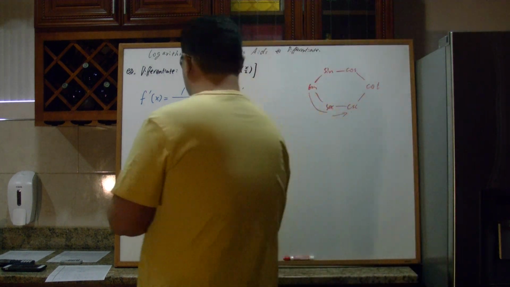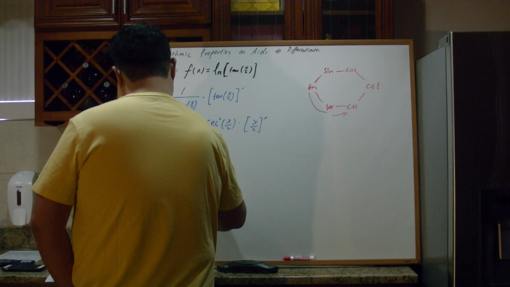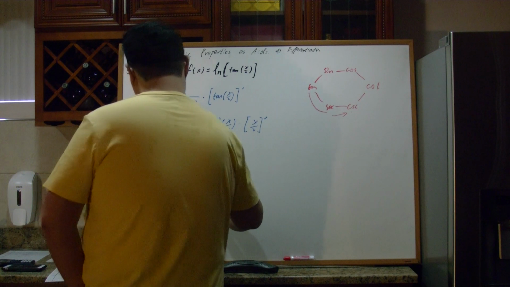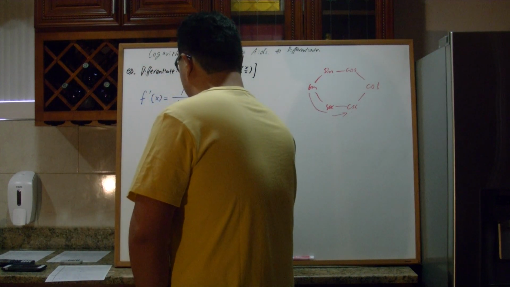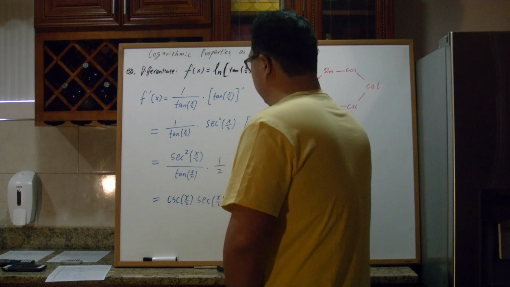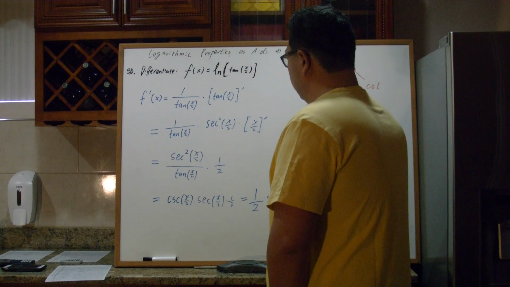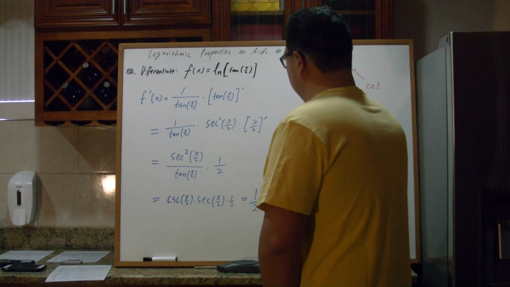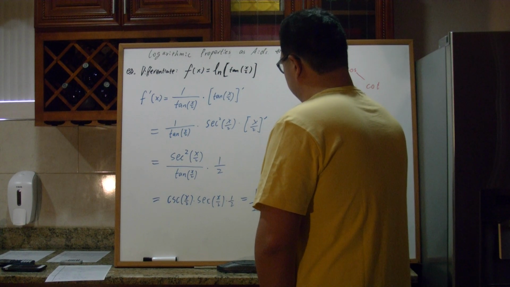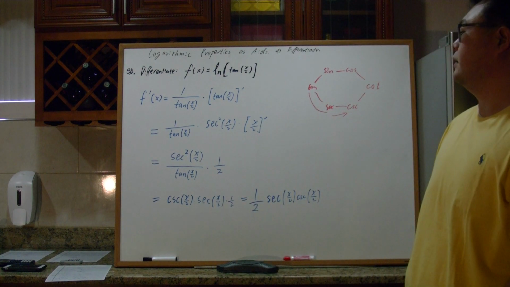So secant over tangent is cosecant of x over 2, and the leftover is secant of x over 2 times 1/2. So at the end we have simplified a little bit: I'll have secant x over 2 times cosecant x over 2 as the result.